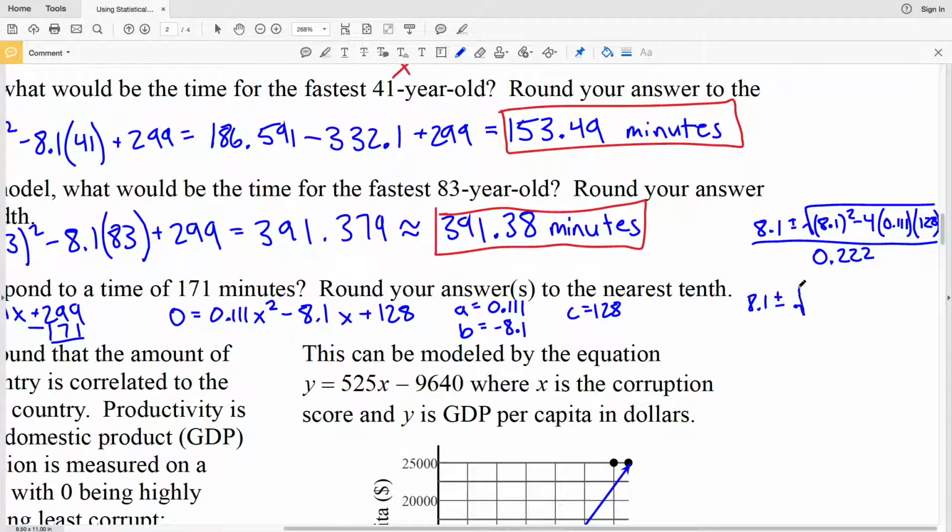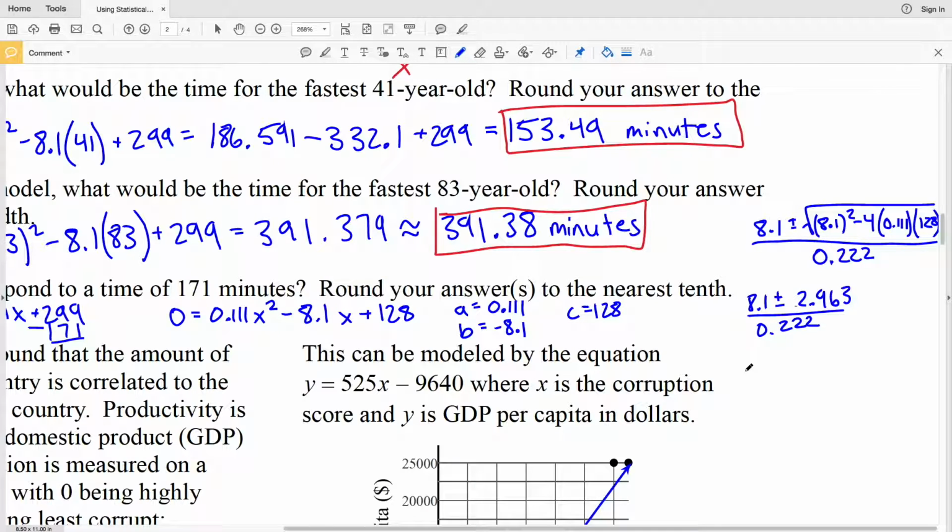So we're going to be taking the square root of 8.778, which will give me approximately 2.963. So 8.1 plus or minus 2.963 all over 0.222. So we'll get two separate answers. If we take 8.1 and add 2.963, then divide it by 0.222, we will get 49.83, which we will be rounding to the nearest tenth.